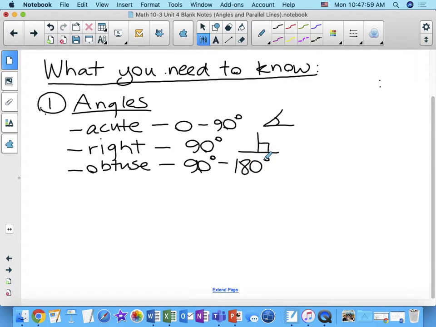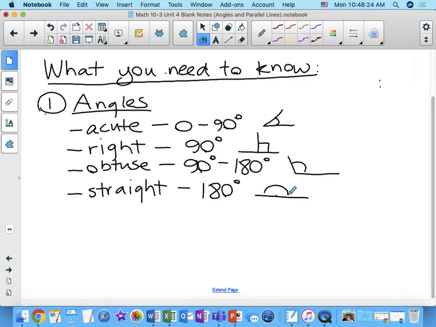So that maybe looks like this. And then what was the next one? Straight. Yep. And a straight angle looks the way it sounds. It's a straight line, and it's 180 degrees. So it's like this.